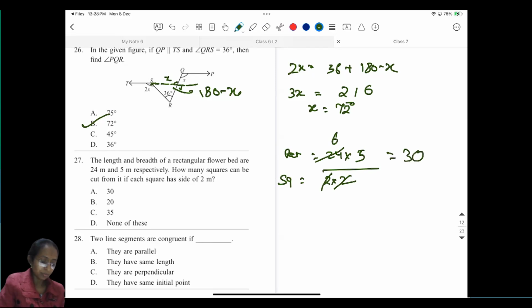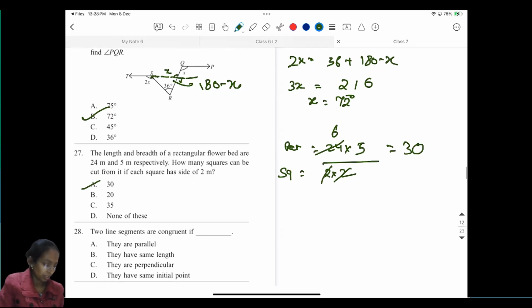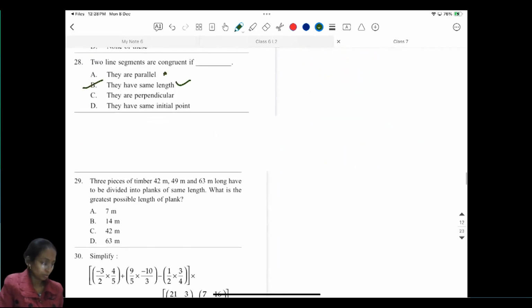So the answer is 30. A is the correct option. Now, two line segments are congruent if they are parallel? No. If they are of the same length, then the two line segments are congruent. They are perpendicular? No. They have the same initial points? No. B is the correct option.